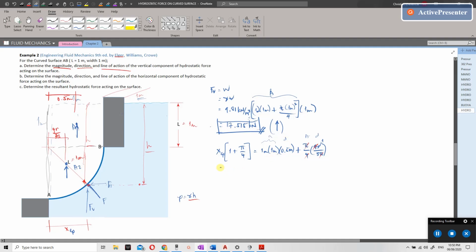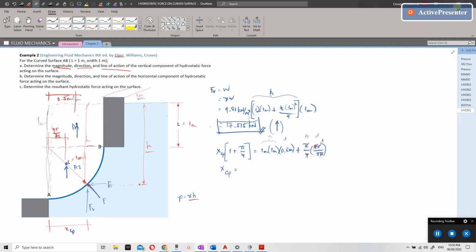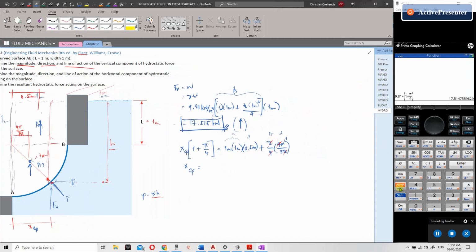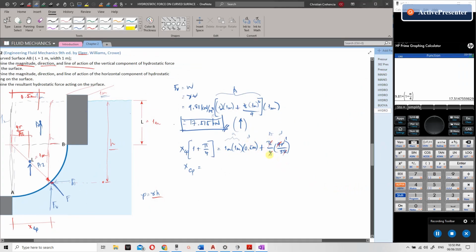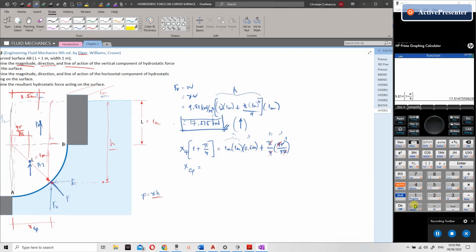Okay, so we can now solve for XCP. So this is 1 times 0.5, which is 0.5, plus 1/3.